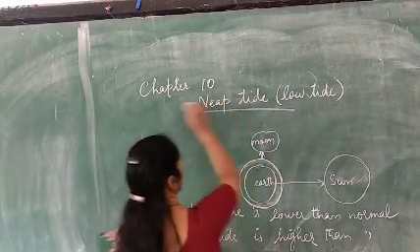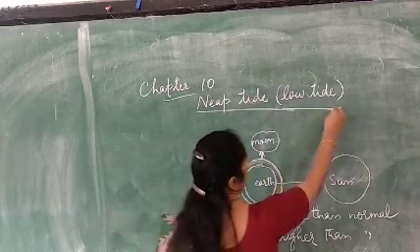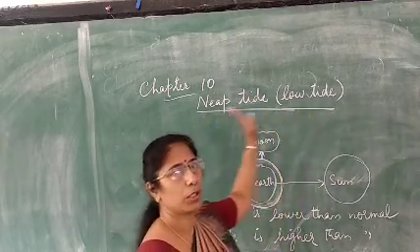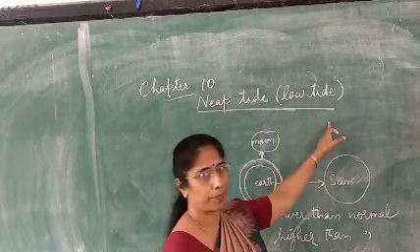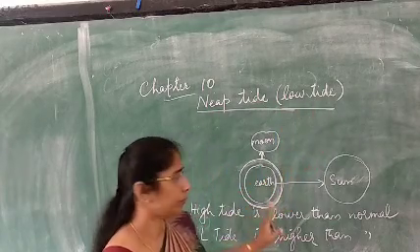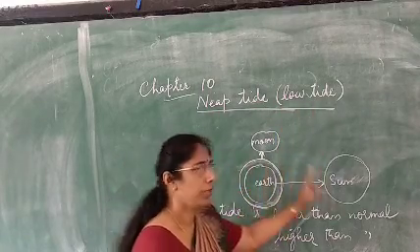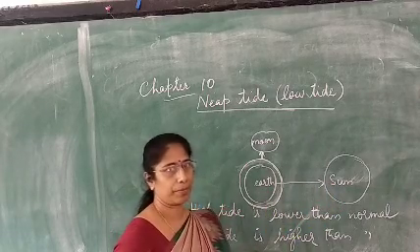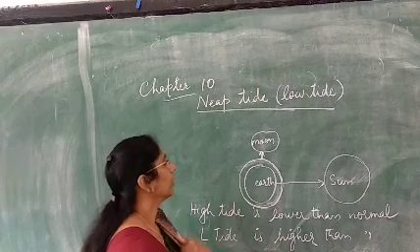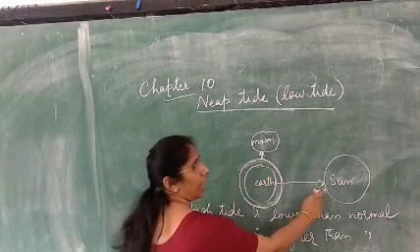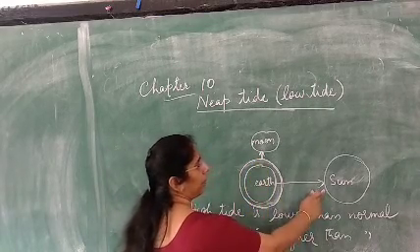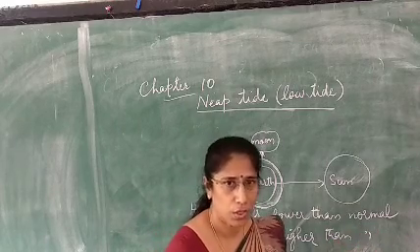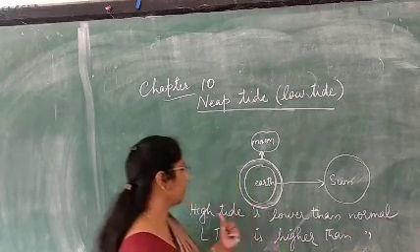Neap tide. It is a low tide. Spring tide, high tide. Neap tide, low tide. When these three heavenly bodies are not in a straight line and they are at a right angle, they don't have the combined force. Due to which, what happens?